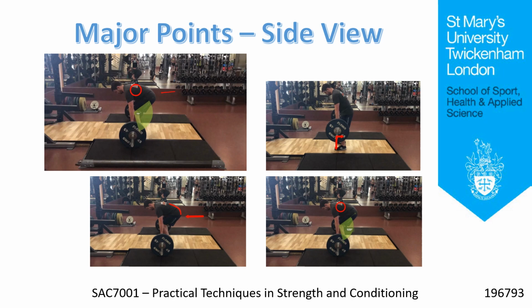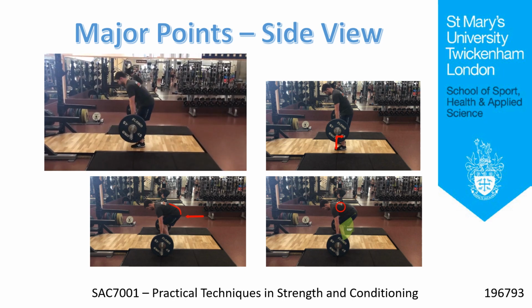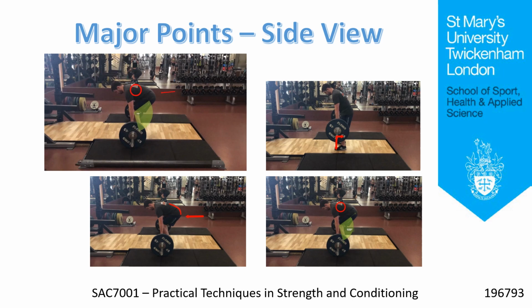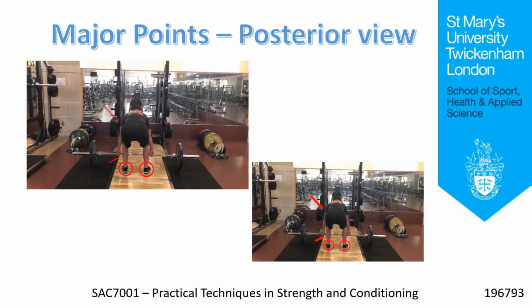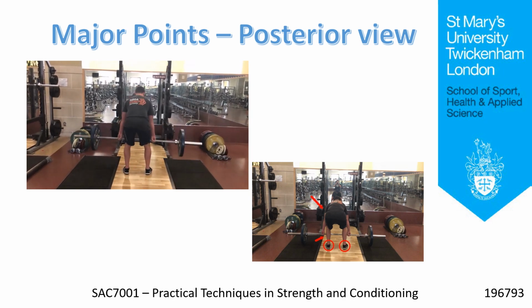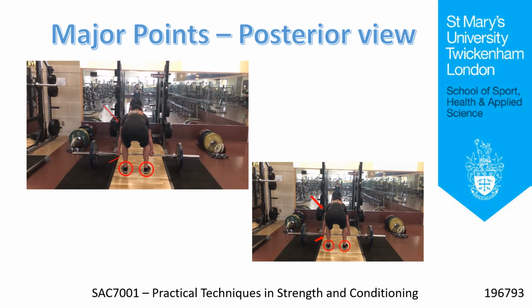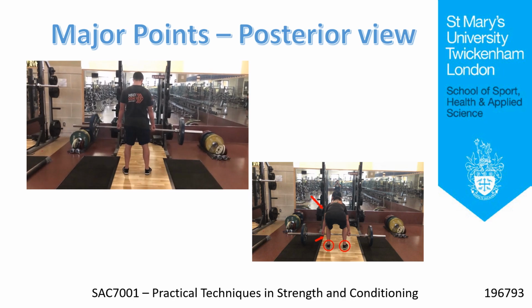The major points we can see from this side view are the rounded back, the hips too high, the bar path far away from the body, and the lack of latissimus dorsi engagement. From the posterior view, we can see the inversion happening in his feet and the difference in the handling of the bar.